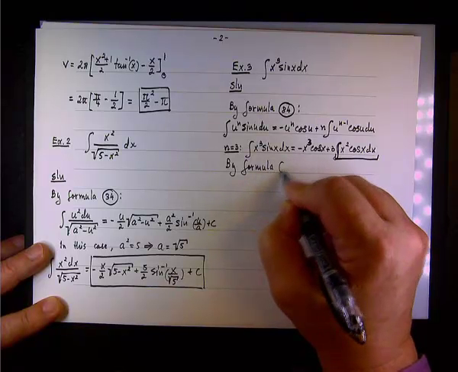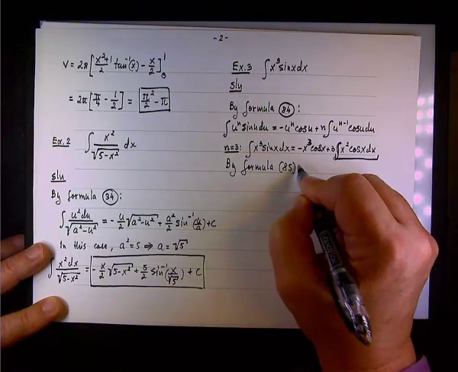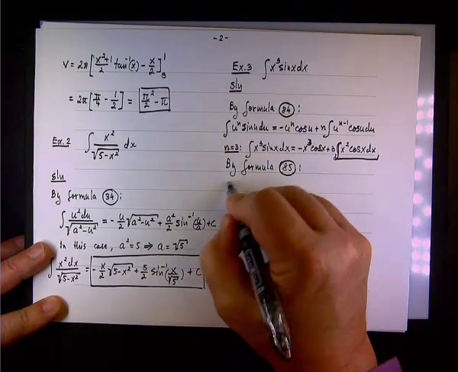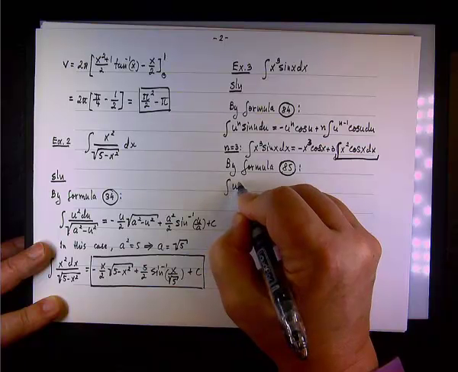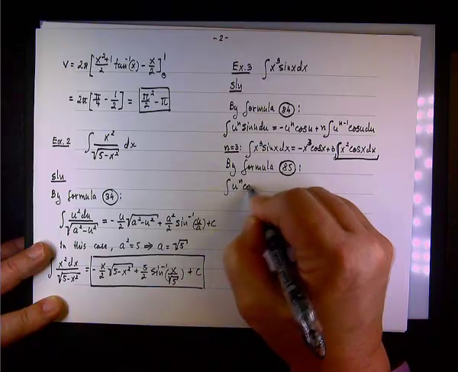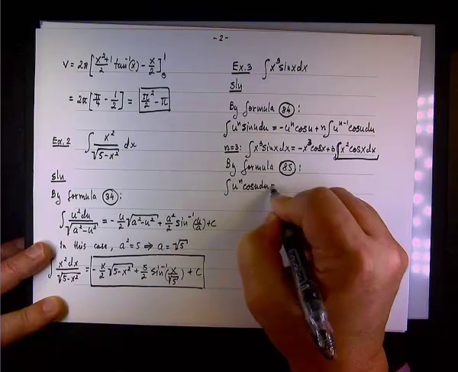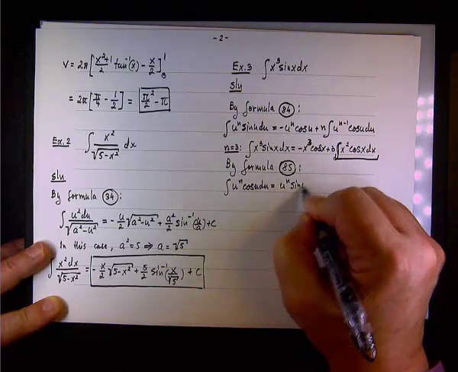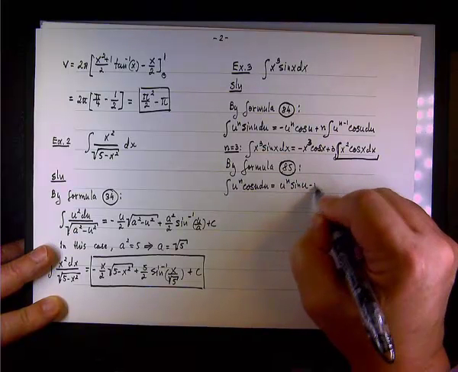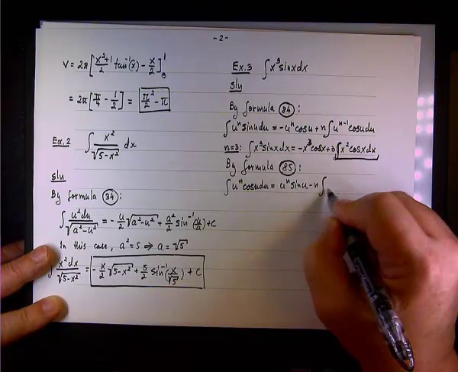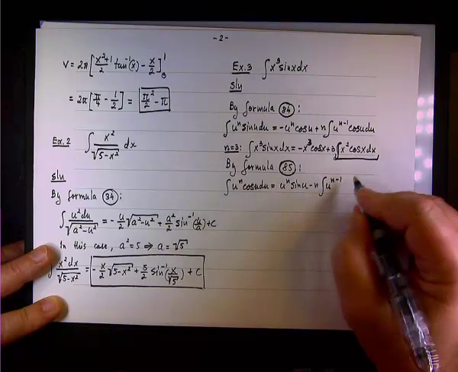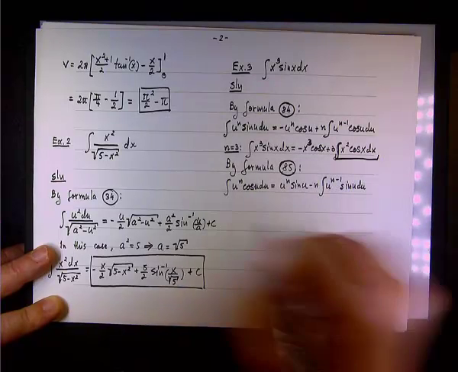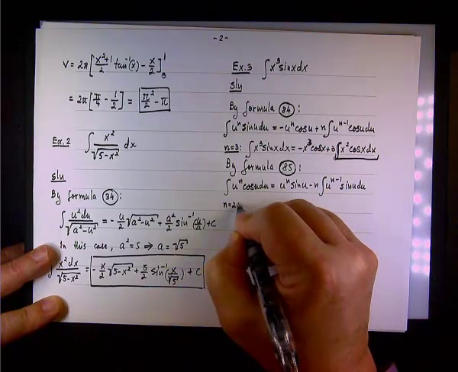That was quick, but it's also correct. By formula 85. That's where we're going to find it. So it's the next formula. That's why it was convenient. So this formula tells us that the integral of u to the n cosine u du equals u to the n sine u minus n times the integral of u to the n minus 1 sine u du. So that's another reduction.